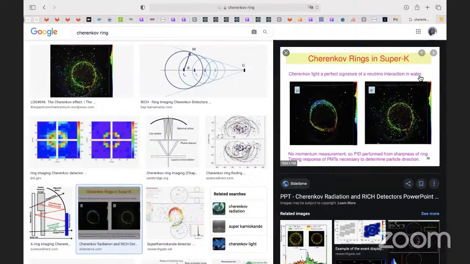I don't remember exactly what the content of the detector is, but when a muon neutrino interacts with the substance, in this case water, a muon is produced. The muon travels faster than the speed of light in water, so it leaves this ring, which is usually a clean signature, compared to electrons, which will have a more diffused ring.